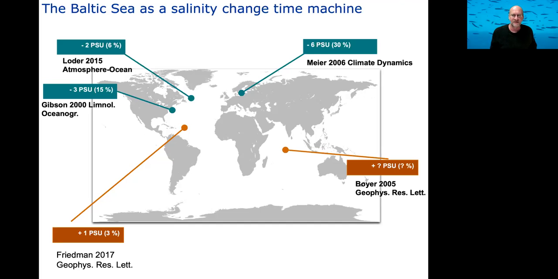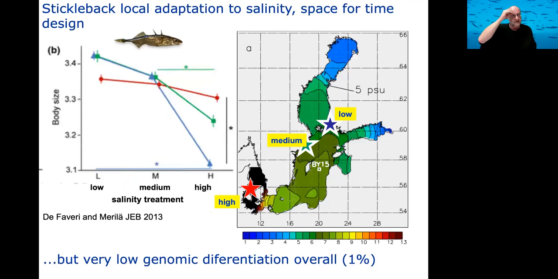And so now enter the Baltic Sea again as a model, and enter the three-spine stickleback as a nice marine to freshwater model fish. We have this very pronounced salinity gradient in the Baltic from almost freshwater in the Bothnian Bay to a very steep transition zone, where we are, this here would be Kiel approximately, to full marine outside the Baltic Sea.